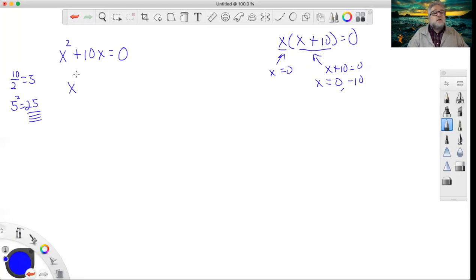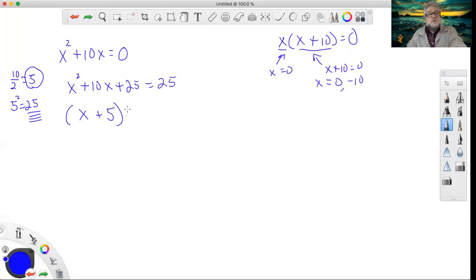So this will be x squared plus 10x plus 25 equals 0 plus 25. Now this thing can be written as a perfect square: x plus this number. If this was a negative 10, then this number would be a negative 5. Right now it's not, so it's just a 5.